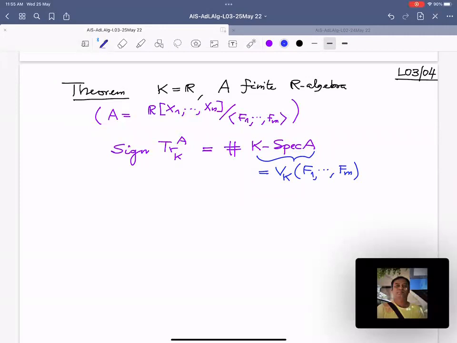Now that is the signature. This is the main observation. Okay, that is the one. This proof will not be so difficult, but I have to explain to you what is the K spectrum.